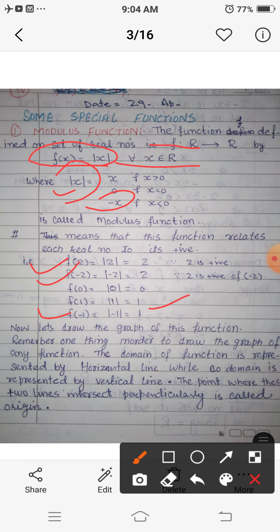The horizontal axis is called the x-axis, whereas the vertical axis is called the y-axis. The horizontal axis always represents the domain elements, while the codomain, not range, codomain, is represented by the vertical line.